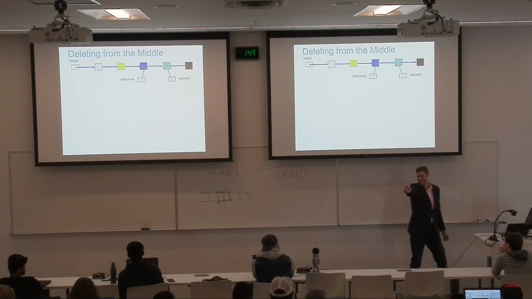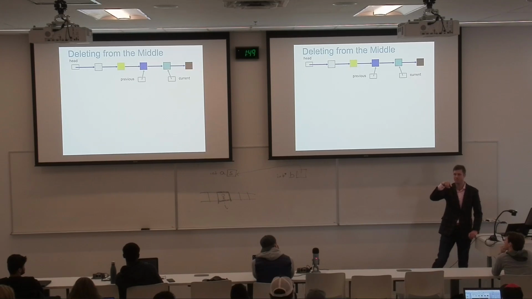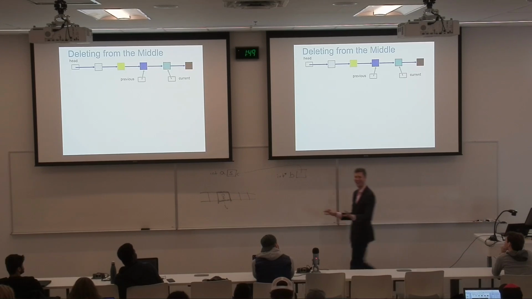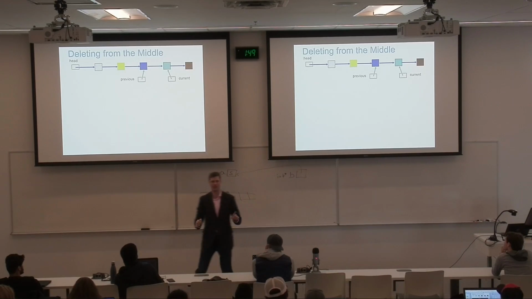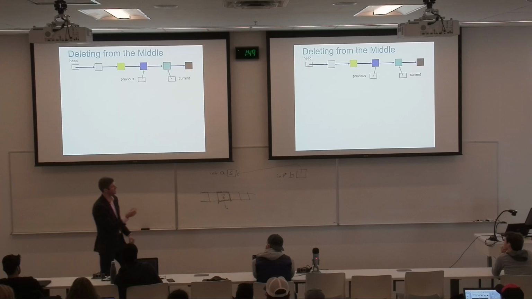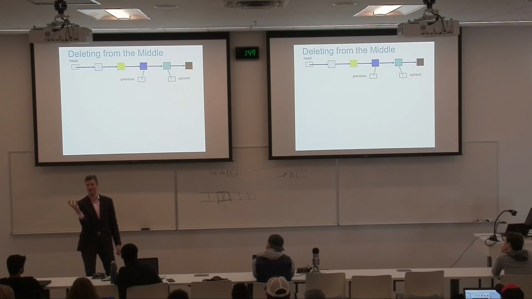Then what do I do? Then you point it to the black square. How do I do that? Use current's getNext. Okay, so current's getNext gives me a pointer to the black square. Now what? And then you delete the current.